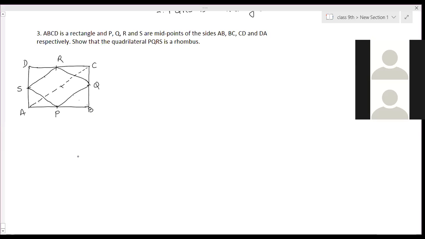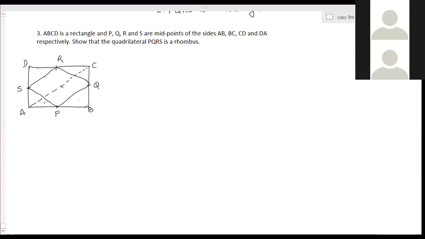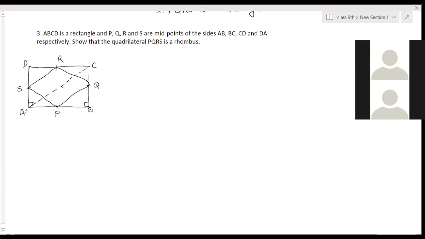Now in this one, first will you prove PQRS is a parallelogram? Now after that we have to take triangle PQB and triangle PSA. In these two triangles we have to prove congruency. So in this one angle B is 90, angle A is also 90.